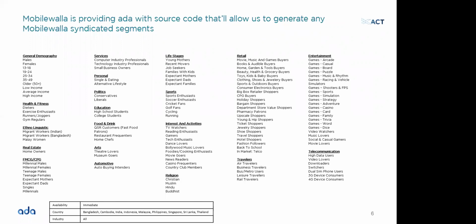And this gives us the flexibility to generate these segments in most of the markets that we operate in. Now, I say most because some of these segments require things like a good points of interest database and a good app reference table, which may or may not be available in some markets. So not all of these syndicated segments can be generated across all of our markets. Okay, so these segments are immediately available, at least most of them.